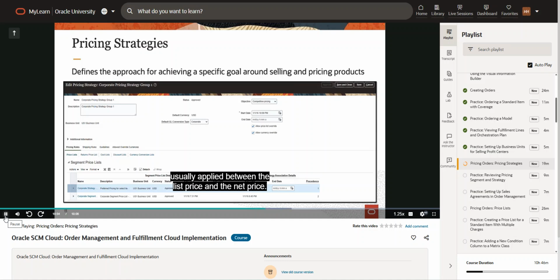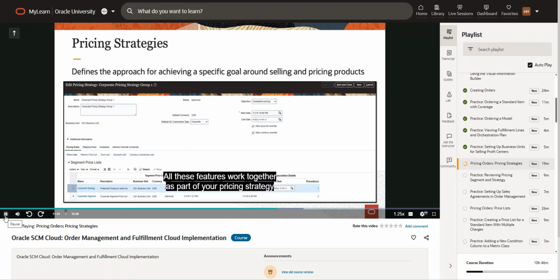These capture the cost you need for cost plus pricing or for calculating margin. Currency conversion list. These make sure conversion rates between currencies are managed smoothly. Shipping charge list. Shipping charges based on the shipping method that's selected. And finally, guidelines. Guidelines help ensure your pricing policies are followed during the ordering process. All these features work together as part of your pricing strategy to meet your business objectives.